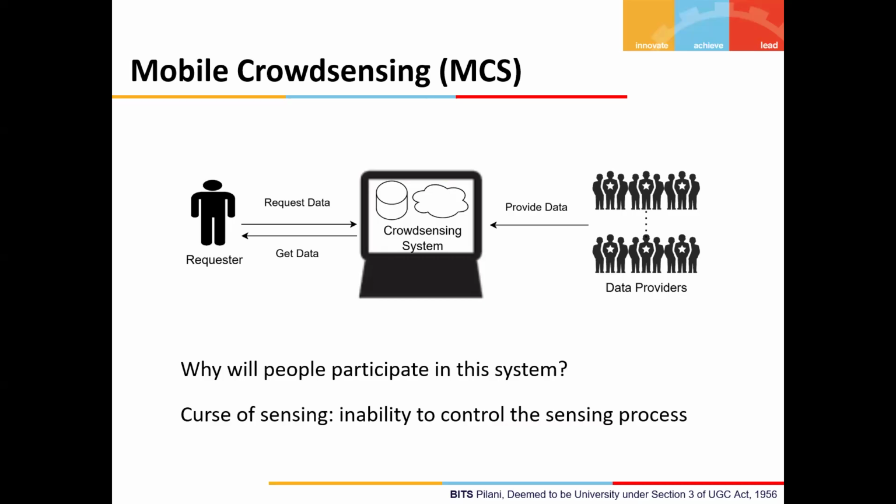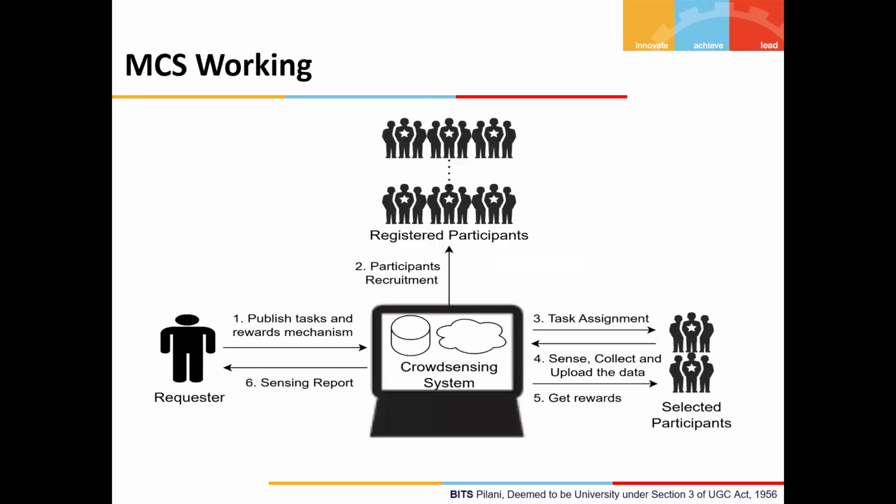Let's say I want the temperature data of Pilani city in India from 100 people only. So why would I involve all Pilani people to collect the data for me, right? Somehow I need to control the sensing process.